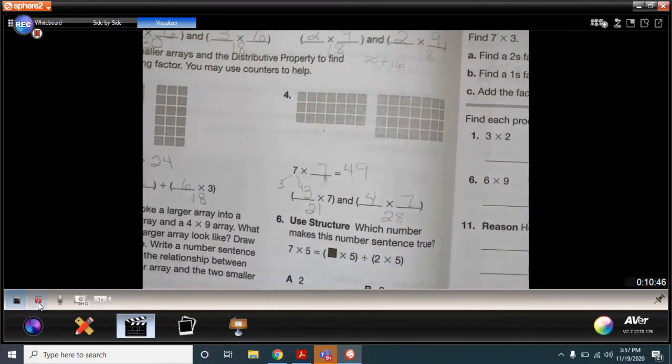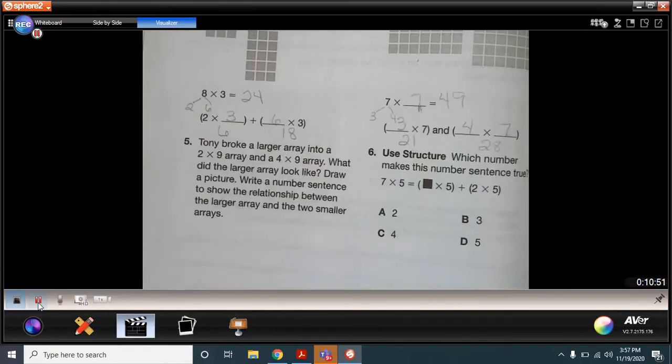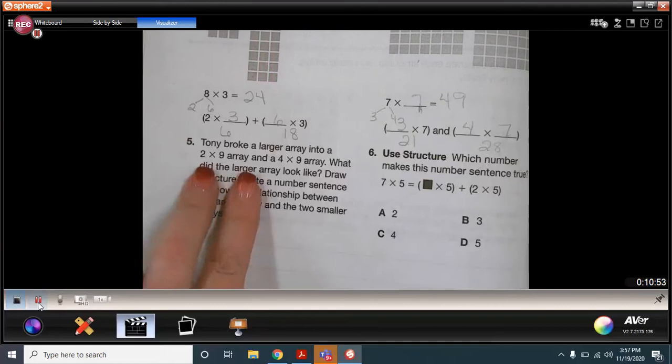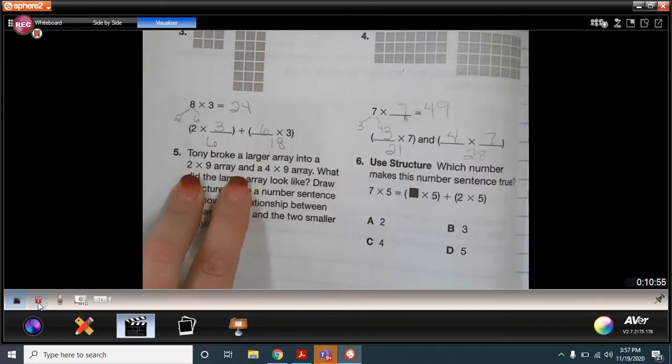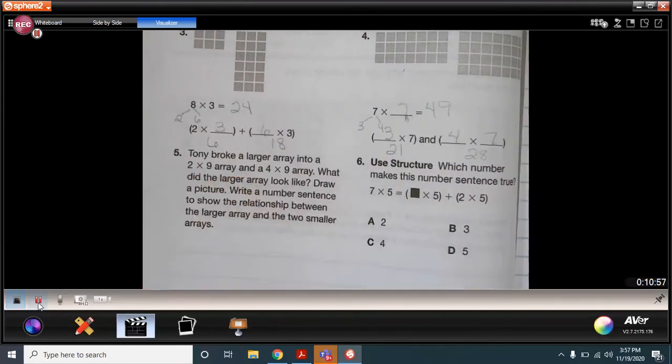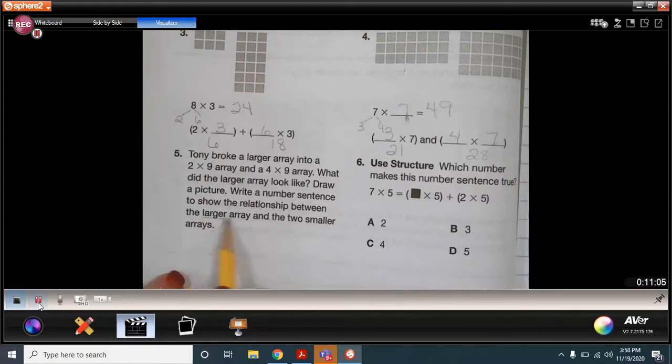Now, this next one is asking you for the larger array. So if you take the 2 smaller arrays and put them together as one large array, then you should be able to find the large multiplication sentence that would go with the entire larger array. It says larger array here.